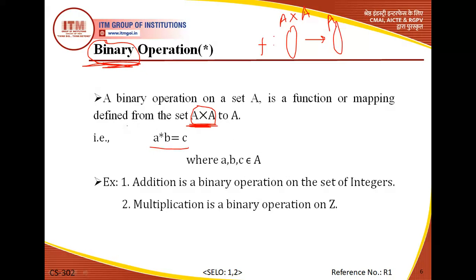Both of these elements A and B belong to this set, because obviously this is the Cartesian product of two sets.